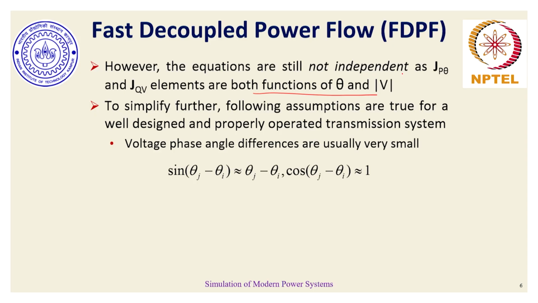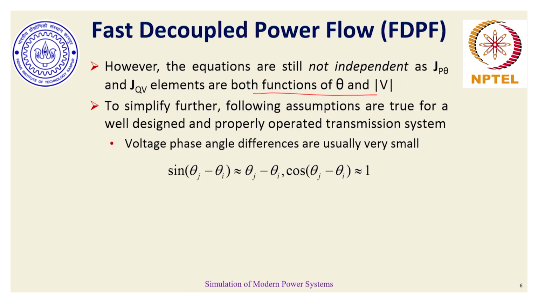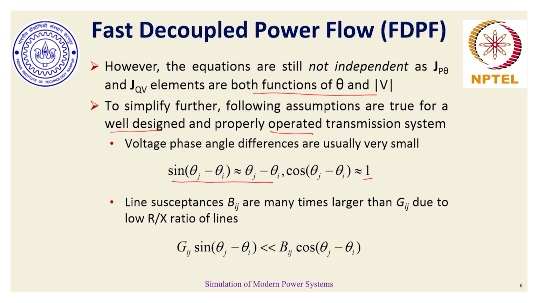To bring in further independence between the two decoupled equations, Alsac and Stott observed that for transmission networks which are well designed and operating at moderately low load levels, the voltage phase angle differences are very, very small in terms of radians. Hence the sine of the phase angle difference can be approximated by the phase angle difference itself, whereas the cosine terms can be approximated as 1.